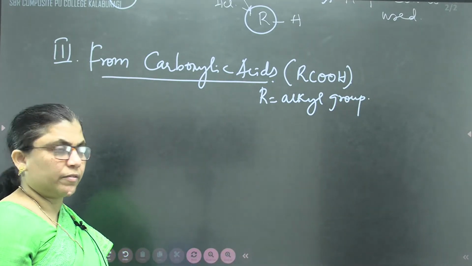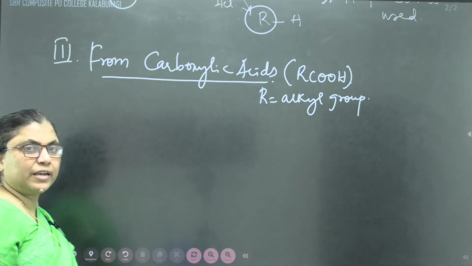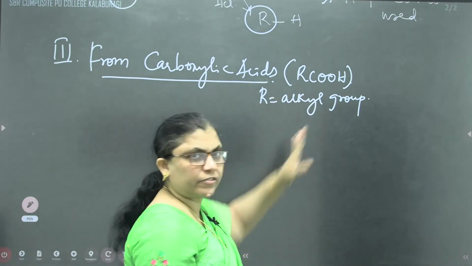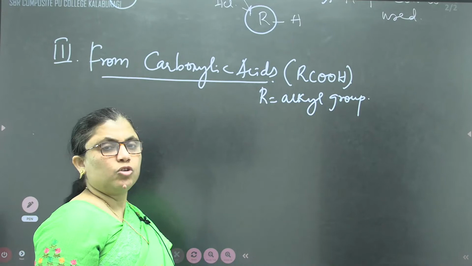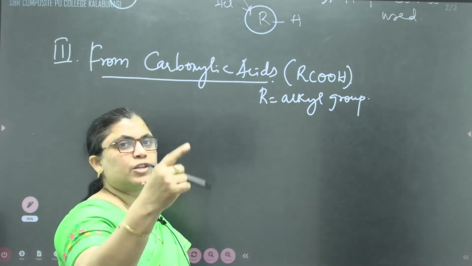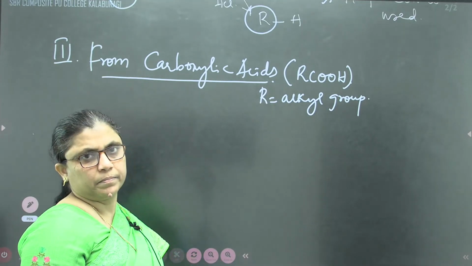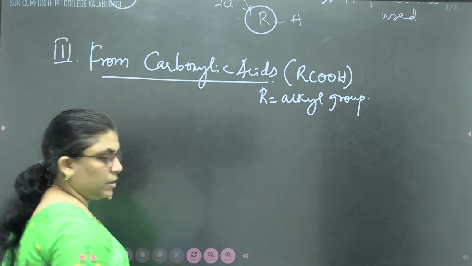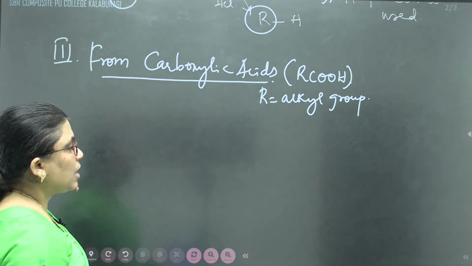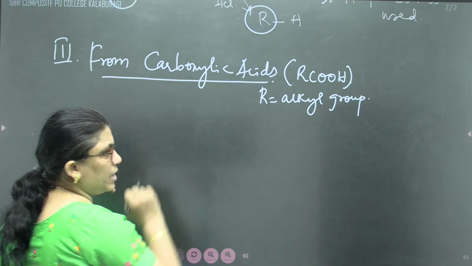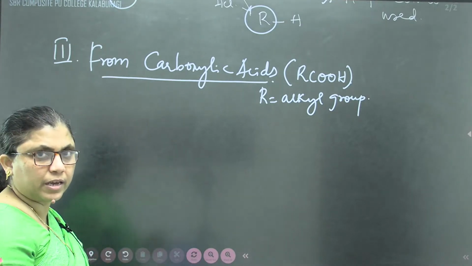Now the question arises that the carboxylic acid itself contains one R and one carbon, so you are converting RCOOH into the respective hydrocarbon. Another point is that carboxylic acids are acidic in nature, correct?